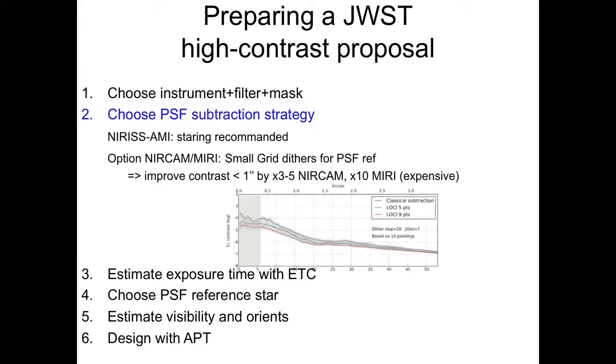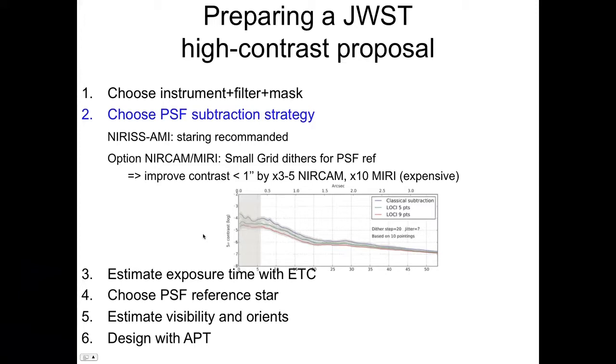From simulation, it has been shown that adopting this strategy will improve the contrast by a factor of 3 to 5 for NIRCam observation and up to 10 for MIRI, but only below 1 arcsecond, as you can see here. Beyond that limit, the improvement is much less pronounced.